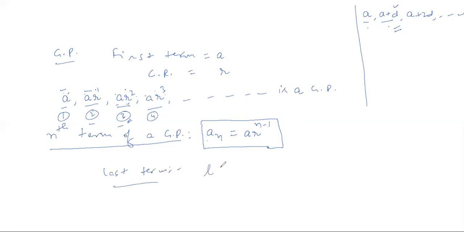The last term will also be called A_n, and that will be equal to A r raised to power n minus 1. It is the formula for finding the nth term or the last term of a GP. Now we'll solve a simple, basic question based on this.